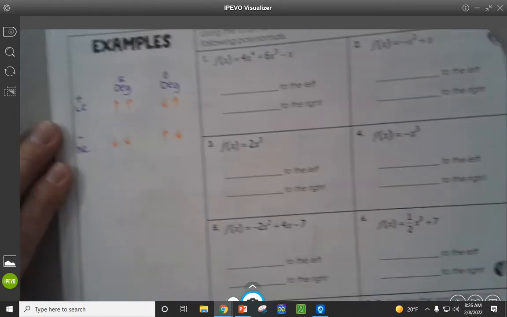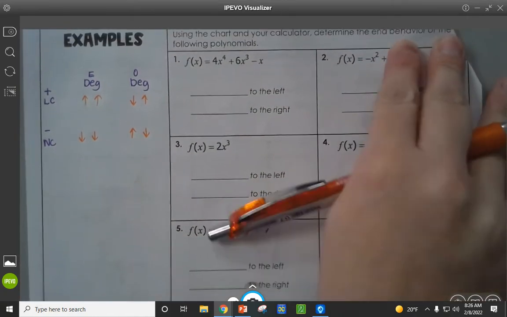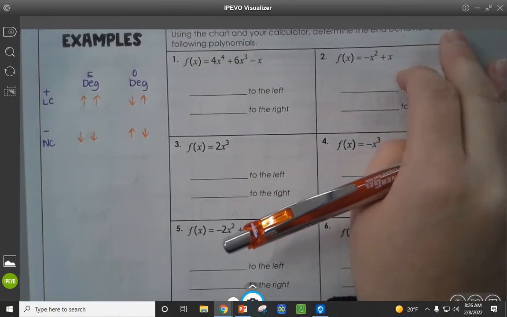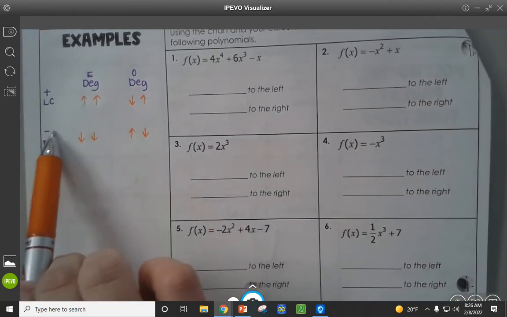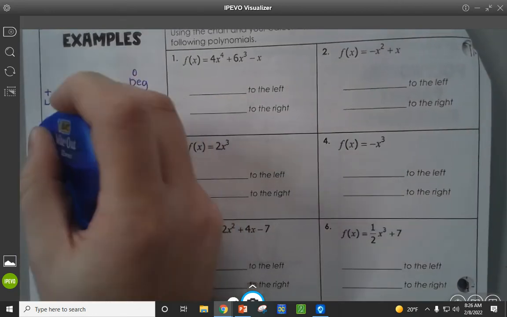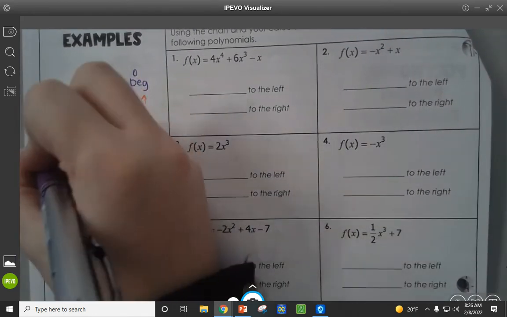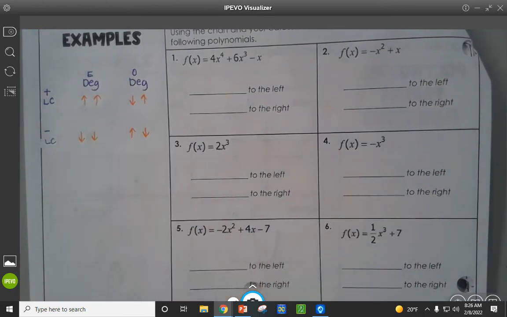I'm just recopying that chart really quick so you don't have to flip back and forth. This is positive leading coefficient, negative leading coefficient. That should be enough. Negative leading coefficient, and then even degree, odd degree.